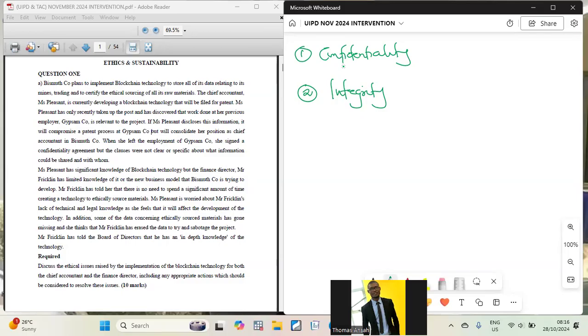But then it will compromise the previous organization with regards to the patent they are holding. If she is not honest, she would disclose that information and compromise the previous employers. That's what I see when it comes to integrity.